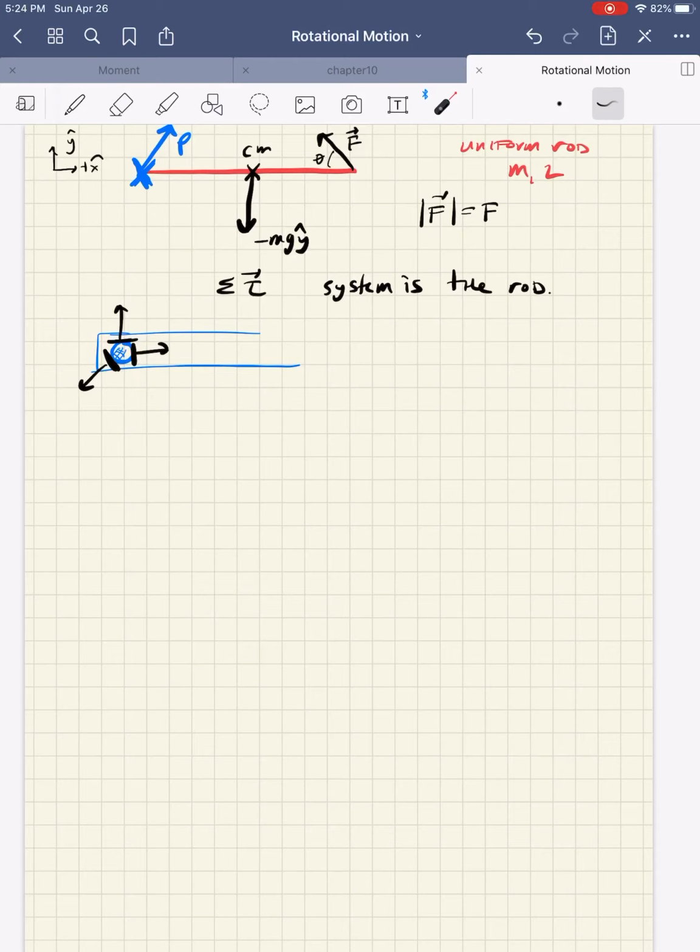Great, then there's 3 total torques possible. Some of them could be 0, some of them may not contribute fully. But when I talk about the sum of torques, I'll have a torque for every single force acting on my system, and if I need to get rid of one, I will. So for instance, this is the torque for the pinning force, torque for gravity, and torque for force F, just like that.